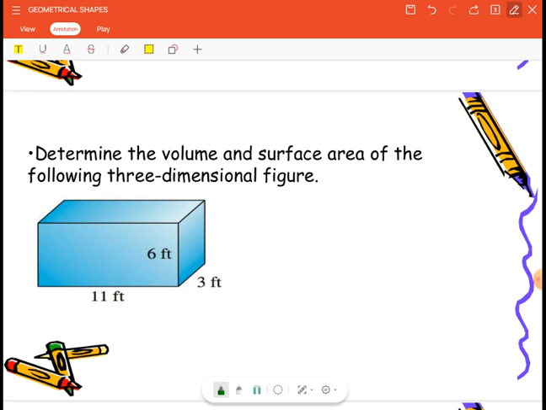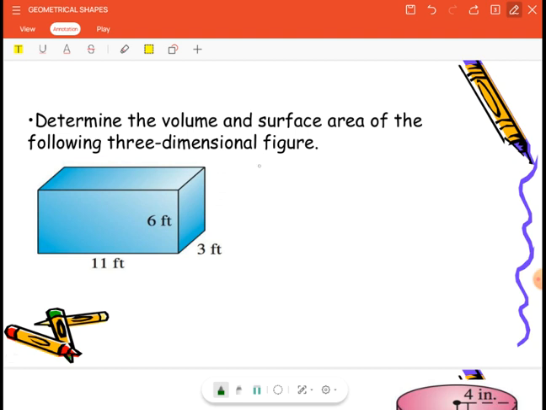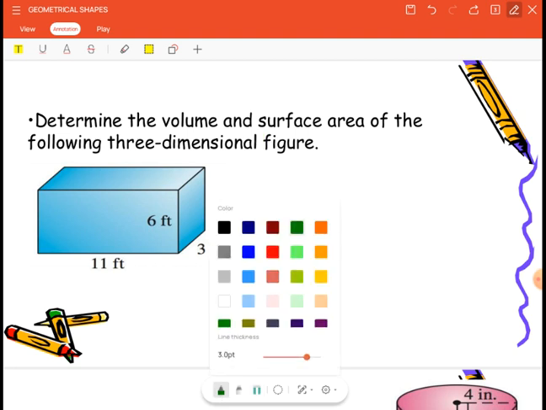Determine the volume and surface. Ito, ito yung hindi lang isa yung hahanapin natin, kundi dalawa, no? Kasi merong volume. So, for this shape, yung volume natin dito is length. Nawawala kasi siya, no? Na sumusulat siya sa letter. So, ibaba ko na lang. Okay.